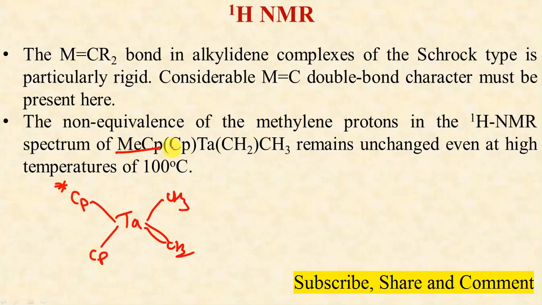Cp star is for methylcyclopentadienyl. It remains unchanged even at a very high temperature of 100 degrees C, means no conformational change is observed through proton NMR spectroscopy in case of Schrock carbenes even up to 100 degrees C, because the flexibility is very low in this case.